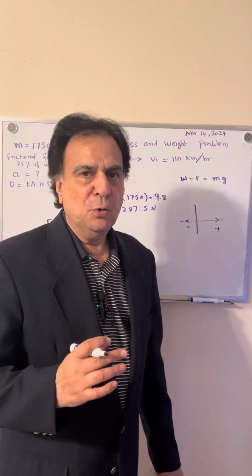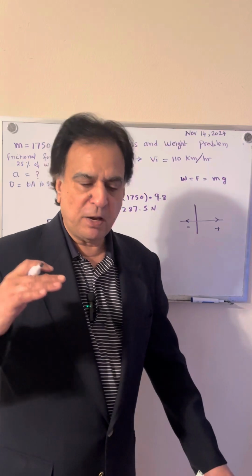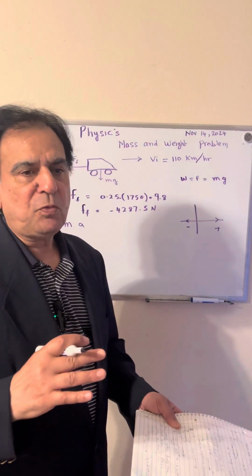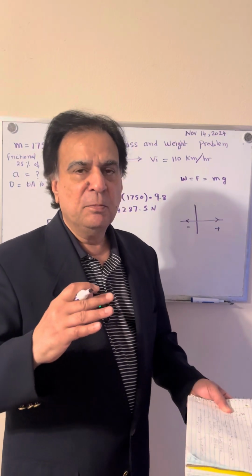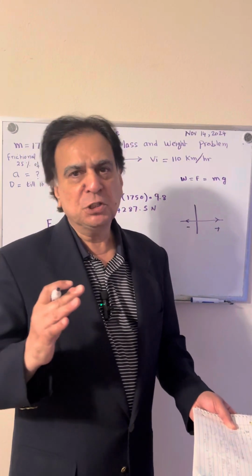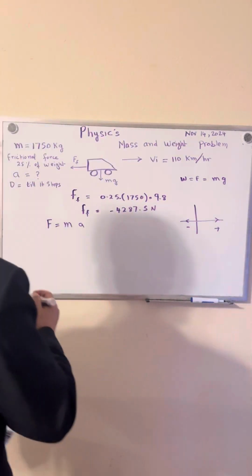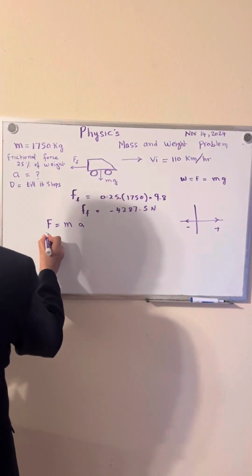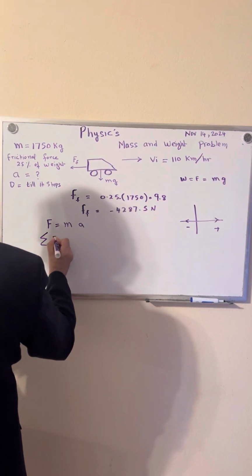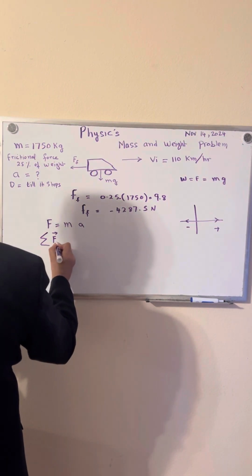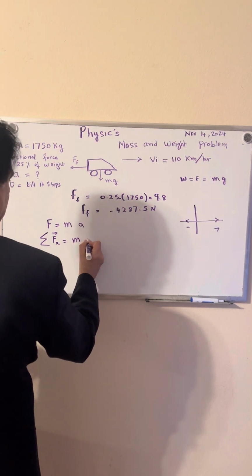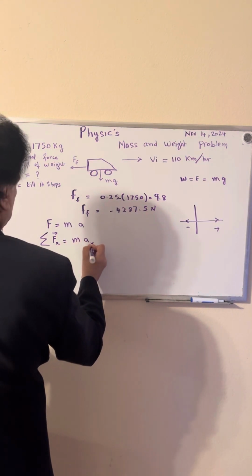Once you're driving down, you have a force which is pushing you, and a force which is resisting the motion. So you have to find the sum of the forces. The sign for sum is like this: sigma F, which is a vector. Let's say this is x direction, is equal to mass times acceleration in the x direction.